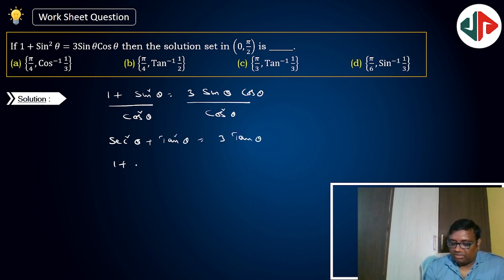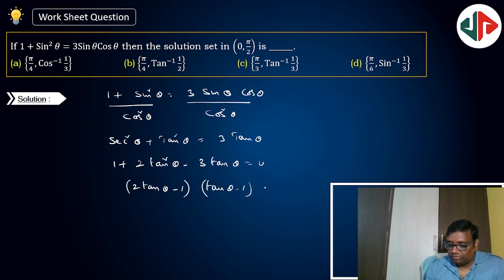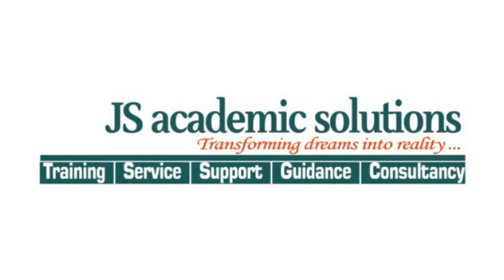So 1 plus tan square theta plus tan square theta means 2 tan square theta minus 3 tan theta plus 1 is equal to 0. If you factorize, 2 tan theta minus 1 into tan theta minus 1. So tan theta is equal to 1 by 2 and tan theta is equal to 1. So pi by 4 and tan inverse of 1 by 2.